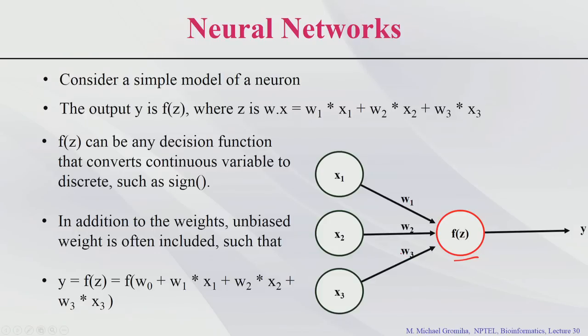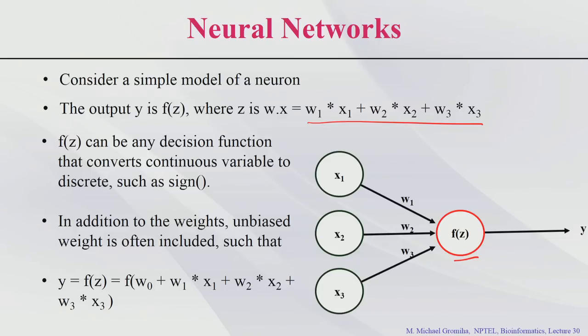The function f of z you can write in terms of the weights and the inputs, so it is this equation: w1 x1, w2 x2 and w3 x3. This can be any decision function. Depending upon your sign, for example if it is plus, then this is one class, and if it is minus, it is the other class. You can use any sign function to assign which class it is.